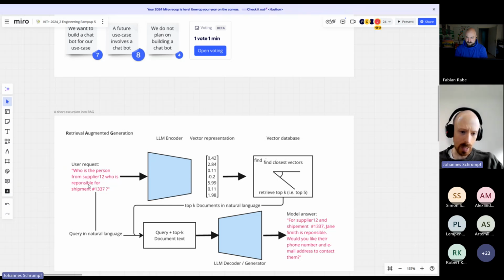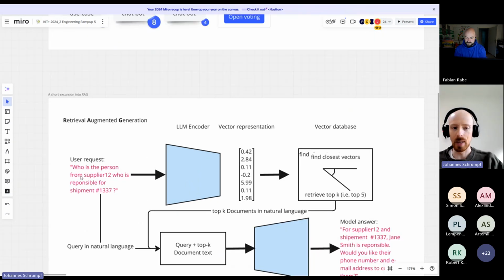This request here on the left side is written in red. Here's a user request coming in as an example: Who is the person from supplier 12, from some supplier, who is responsible for the shipment 1337?